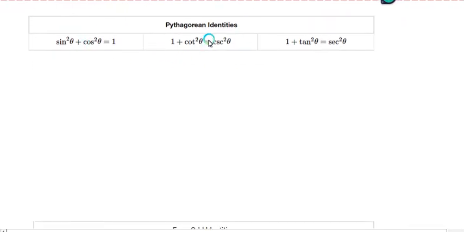So, to get the value, we have sine squared theta plus cosine squared theta is equal to 1. We divide the whole equation by sine squared theta.